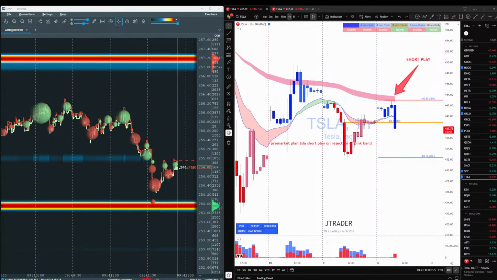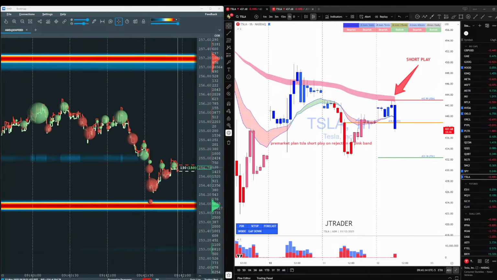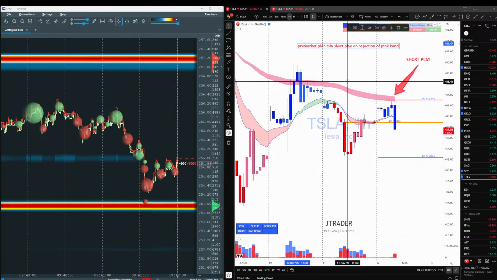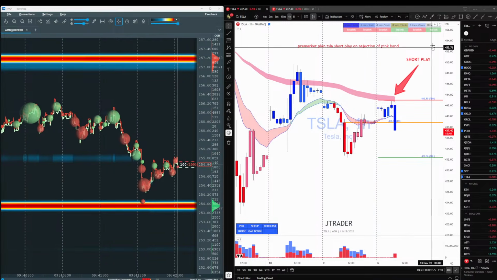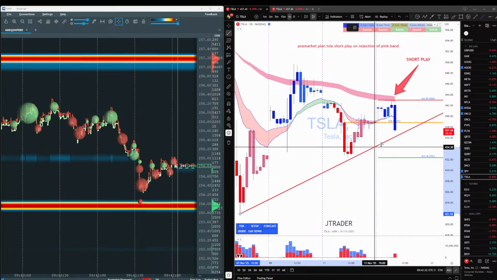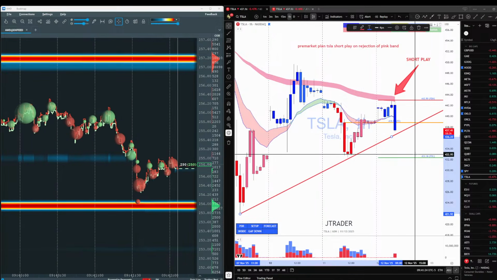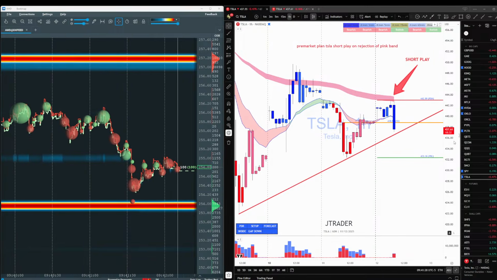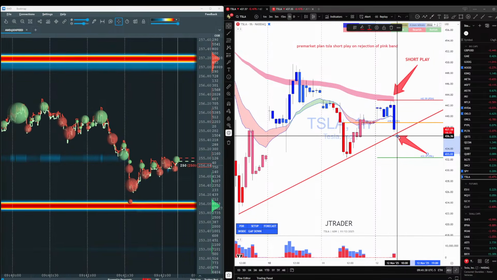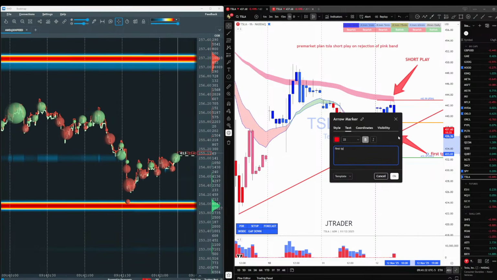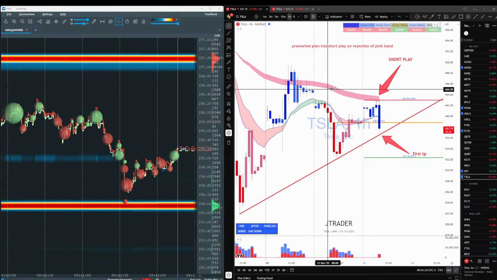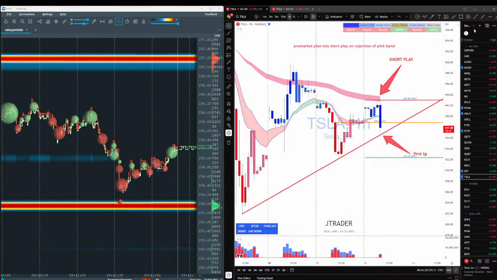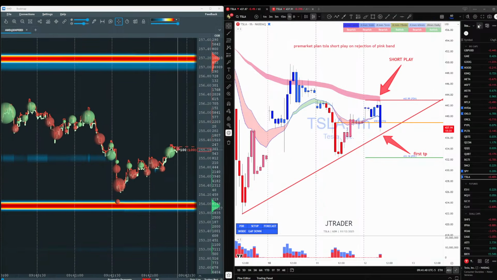So this works so good. And target, we have over here this trend line, 437. First TP. Okay. Hope you're still holding this.